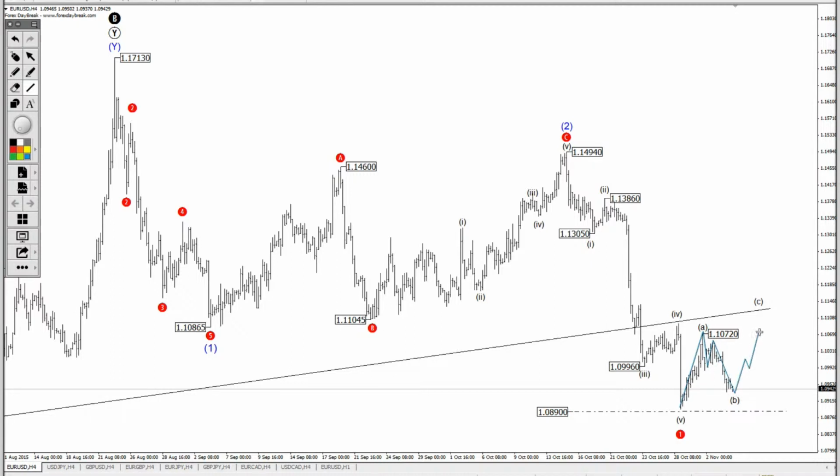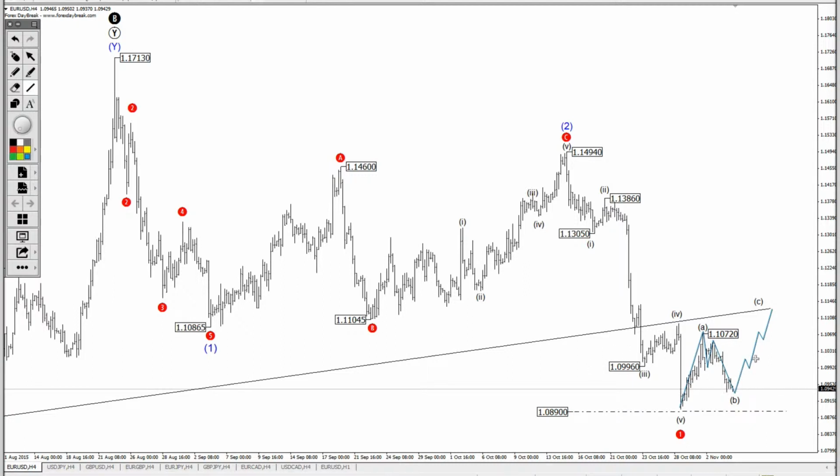Now we can expect a 5-wave move as wave C towards the support level or resistance level approximately around 111.5 or 111.4 level. And like I said, if we go through this 108.9 support level and continue this decline, then this correction might have ended already and we are continuing the larger downwards move.